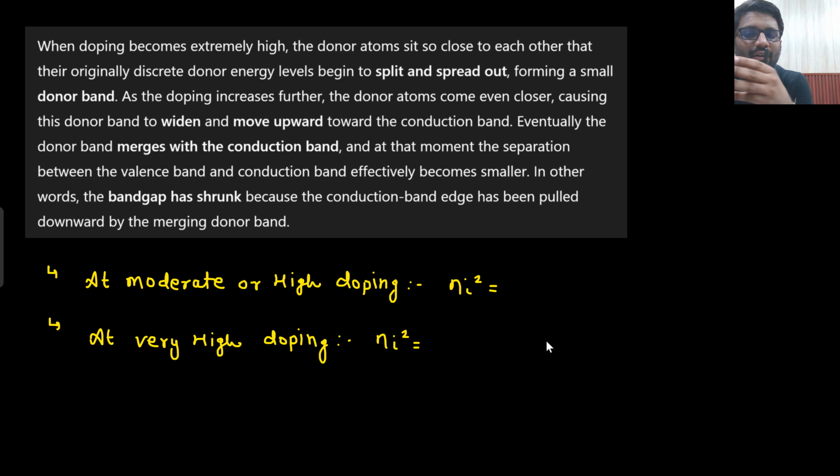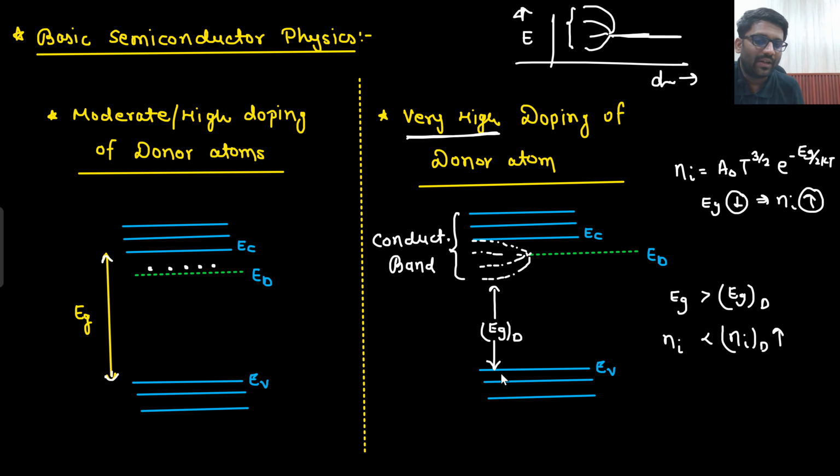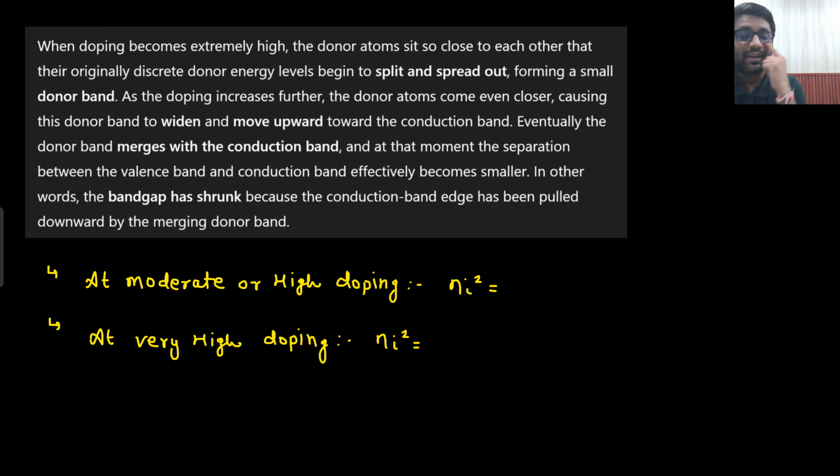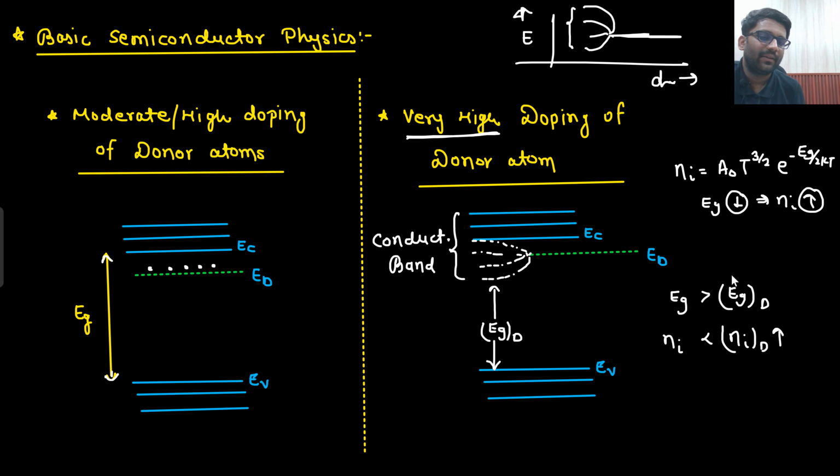Eventually, the donor band merges with the conduction band, and the separation between the valence band and conduction band effectively becomes smaller. That means the band gap has become smaller. In other words, the band gap has shrunk because the conduction band edge has been pulled downward by the merging donor band.